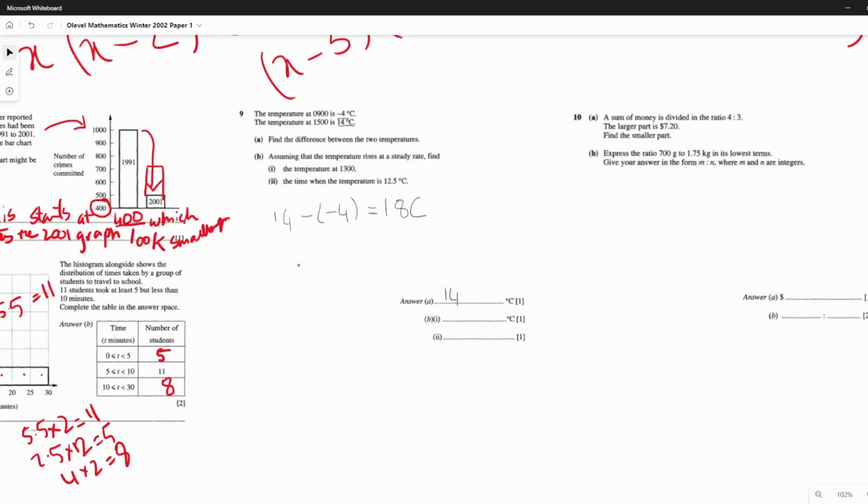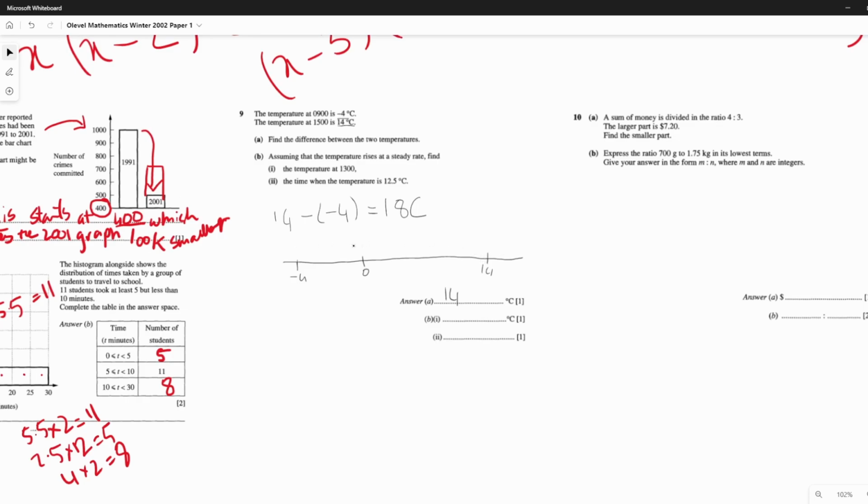If you want to know why we do this, we can basically imagine a number line where this is 14, this is -4, and this is 0. And so we want to find the distance between here and here. When we want to find the difference, it's like how many steps you need to take to get from here to here.